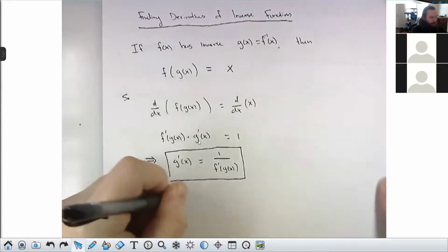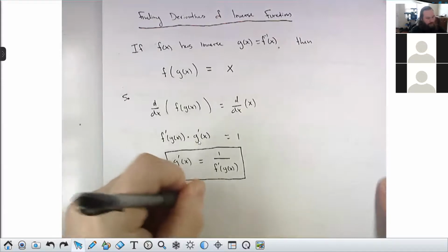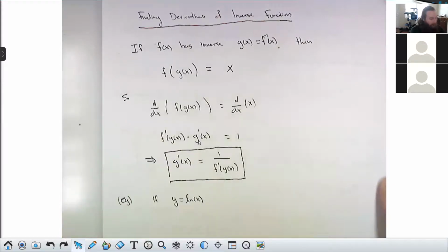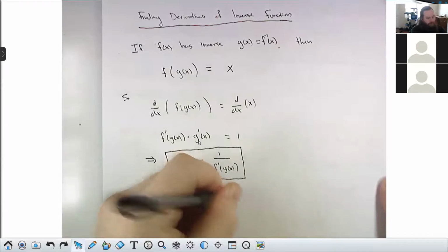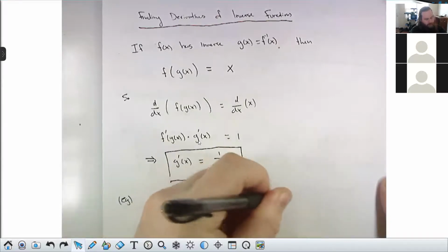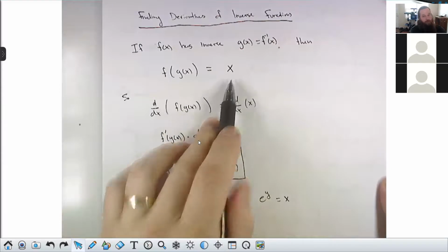If y is equal to the natural log of x, then e to the y is equal to x. That's like this statement.